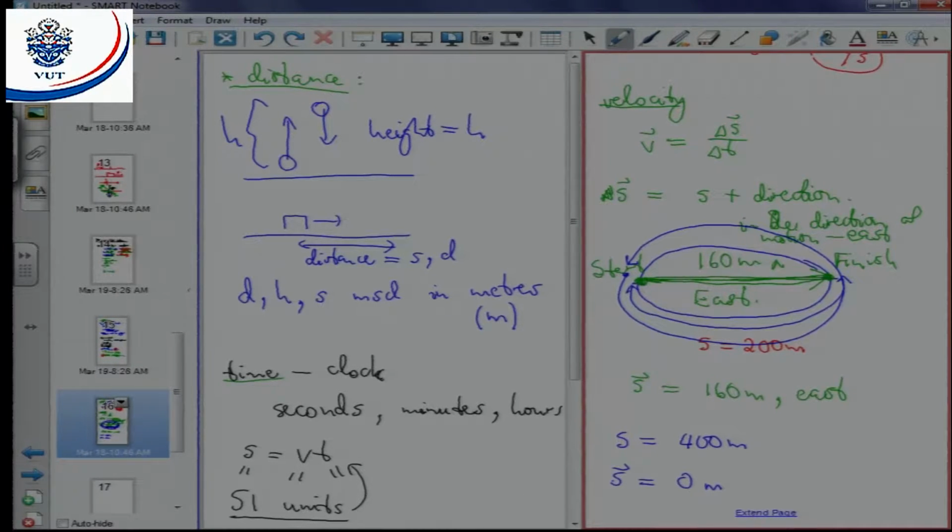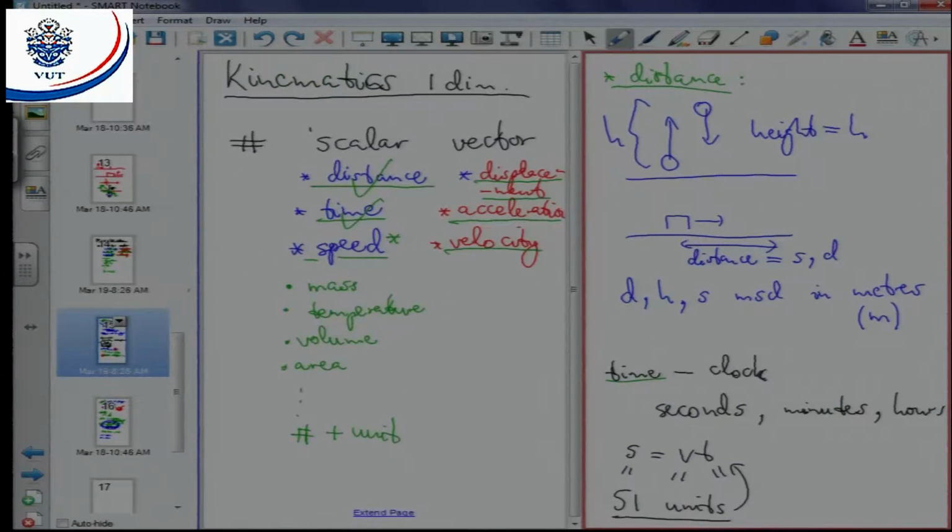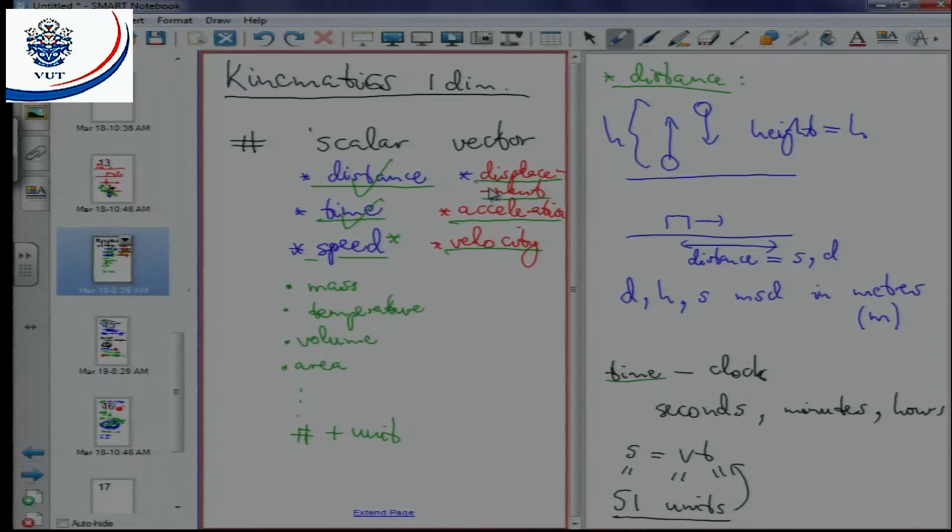Okay, so if we can just go back, now we have covered displacement and we have covered velocity, and also speed, now we want to look at acceleration. Okay, so what is acceleration?